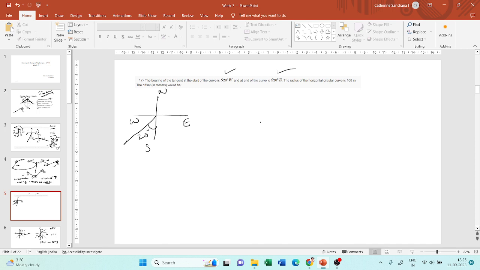And my ending tangent will be southeast, right? So this is north, south, east and west. It will be somewhere here, 20 degrees. Now these two have to be connected.